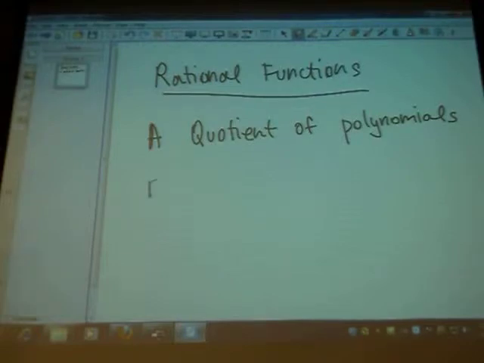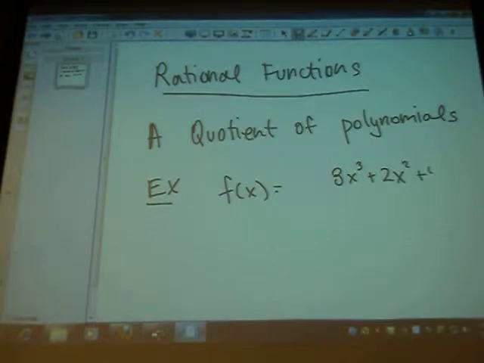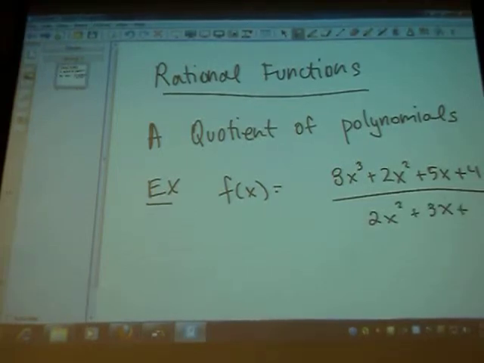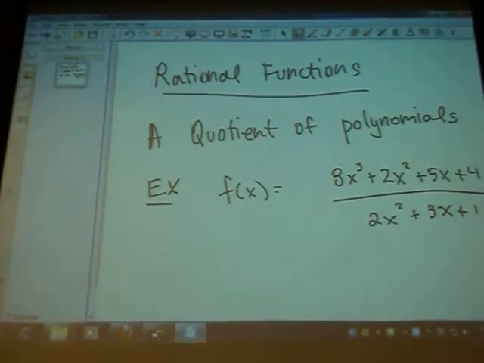So for example, you might have 3x to the third plus 2x squared plus 5x plus 4 over 2x squared plus 3x plus 1, something like that. So you've got a quotient of polynomials, a polynomial in the numerator divided by another polynomial.